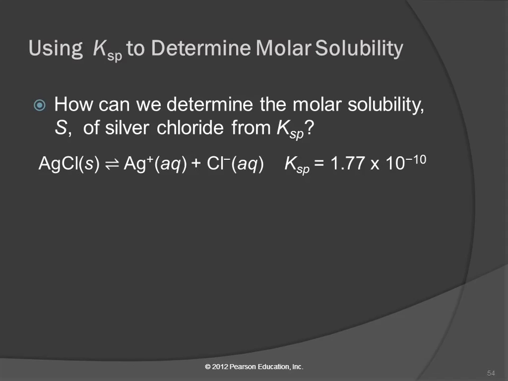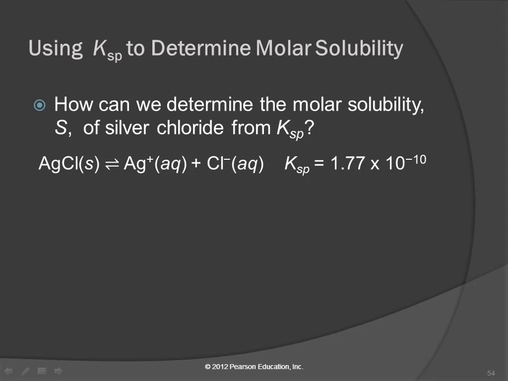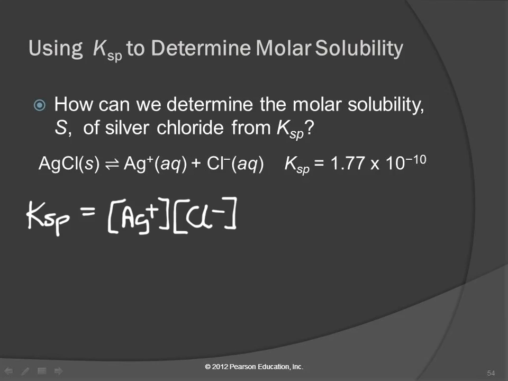We're going to need the KSP expression. We also need to enter drawing mode. KSP. So this is going to be the concentration of the silver ion times the concentration of the chloride ion. And we know that that is equal to 1.77 times 10 to the minus 10.